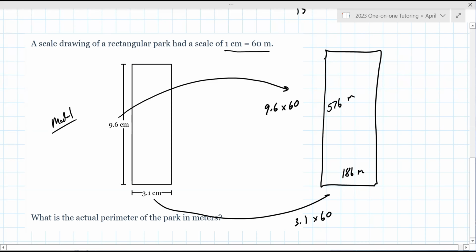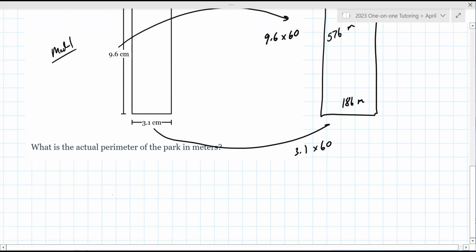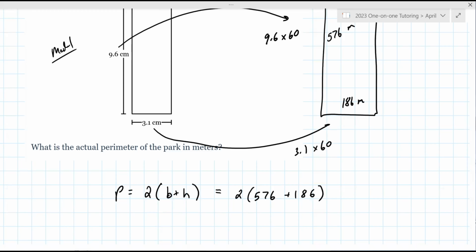Good. All right, so the shortcut for perimeter is 2 times the base plus the height, or the length plus the width. So it's 2 times 576 plus 186. The reason that formula works is because you've got 2 of the bases and 2 of the heights in the perimeter there.